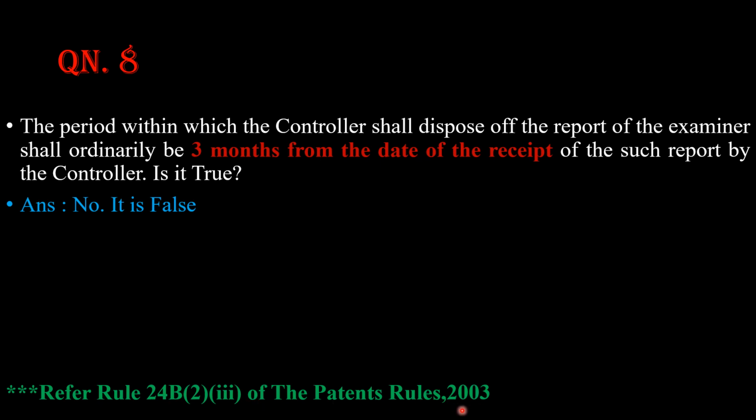It says the period within which the controller shall dispose of the report of the examiner shall ordinarily be 1 month from the date of the receipt of such report by the controller. That means 1 month will be the correct answer.